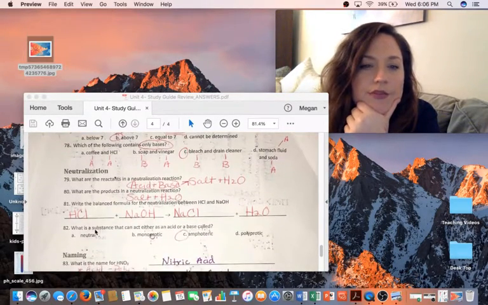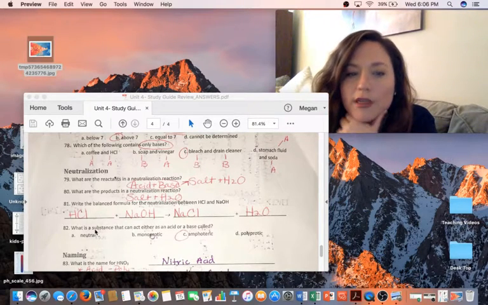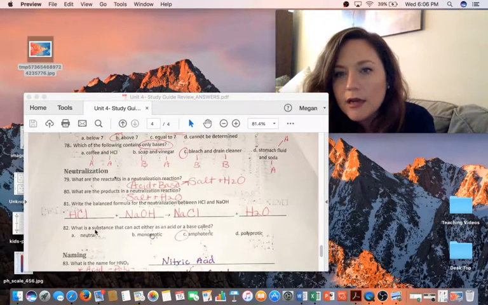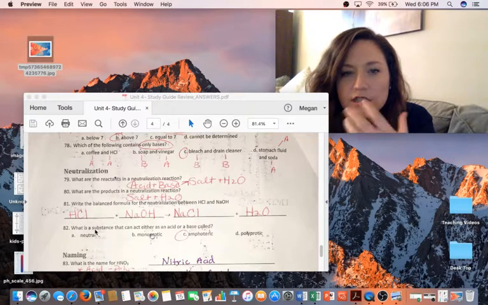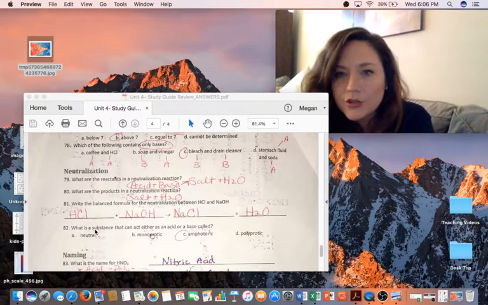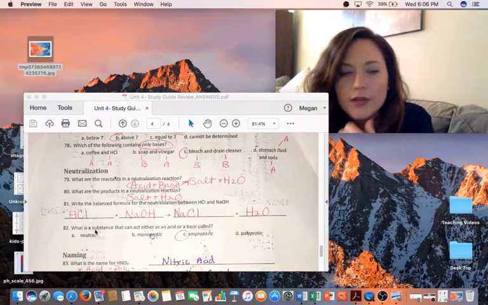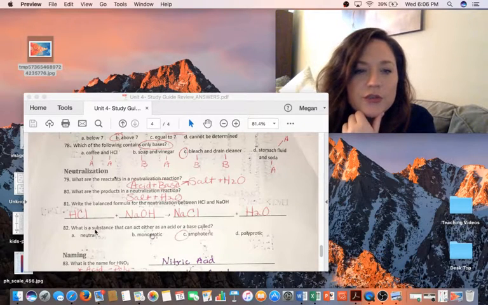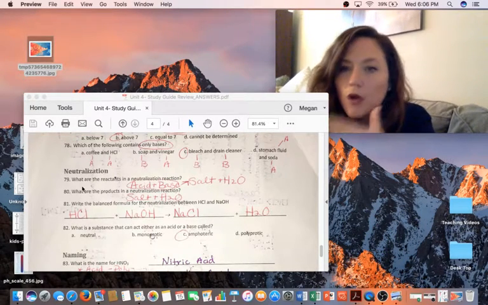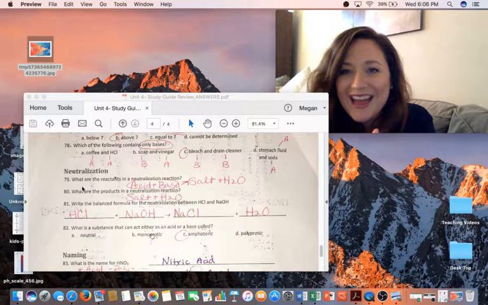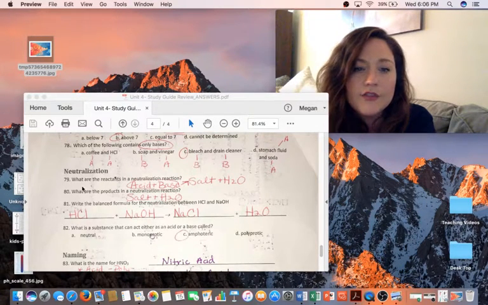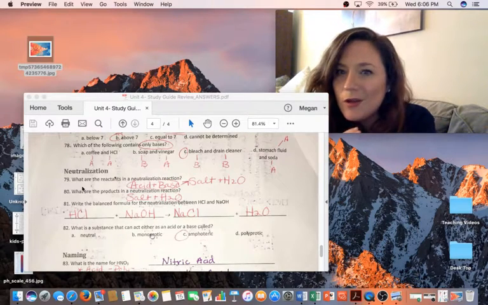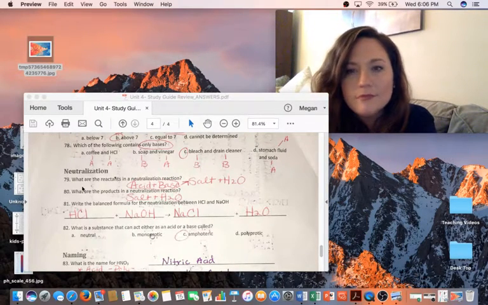All right, so which of the following only contains bases? I went ahead and ID'd all of them so that you can visually see the question. It asked which ones are going to be only base. Well, coffee and hydrochloric acid are going to be acids. Then soap and vinegar: you got one base, but the vinegar is totally acid.